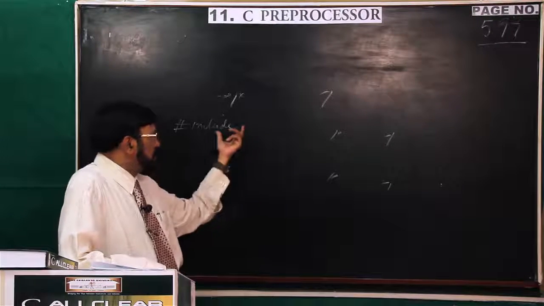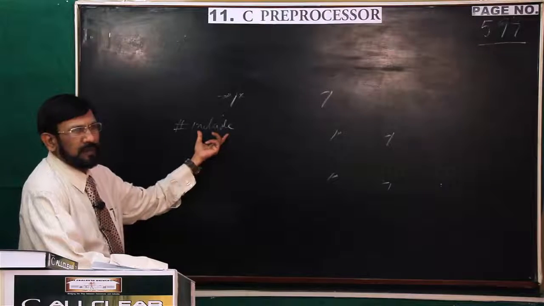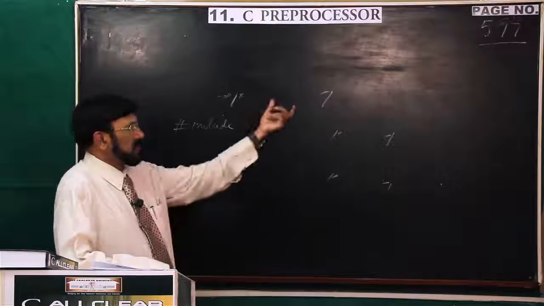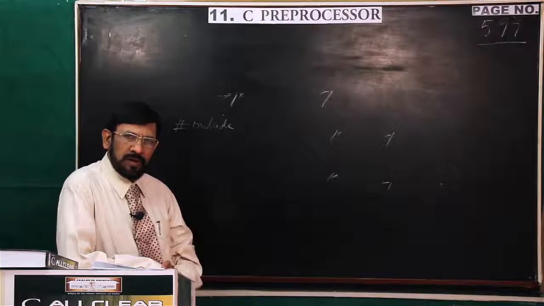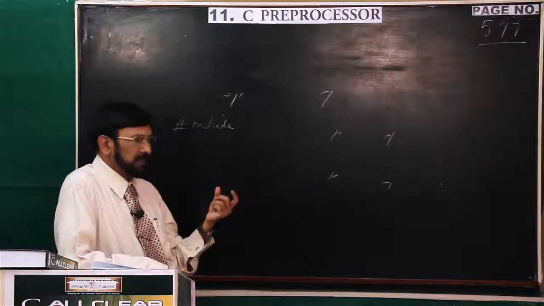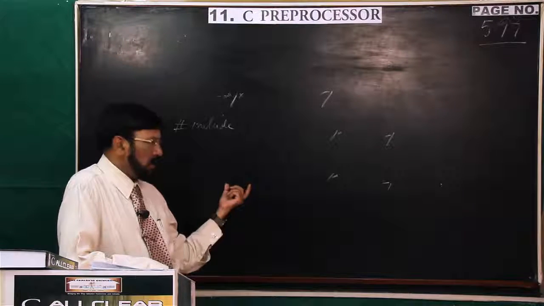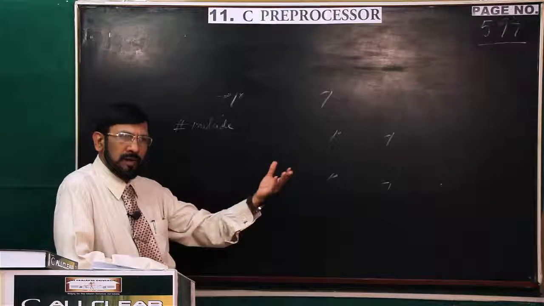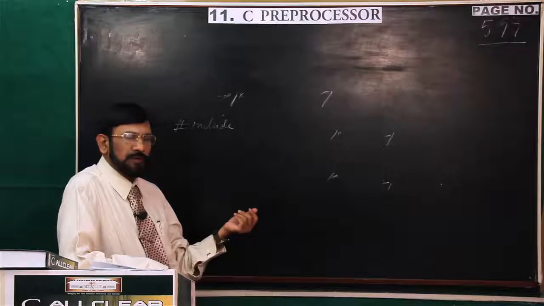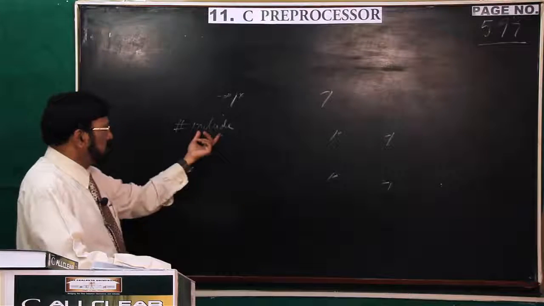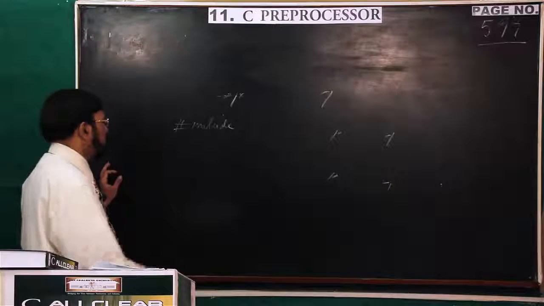This is a preprocessor directive. Because of this, the library is linked to your program. Whatever standard library functions you call in your program, you can use them and get the benefit out of that. So this is also performed by the preprocessor.